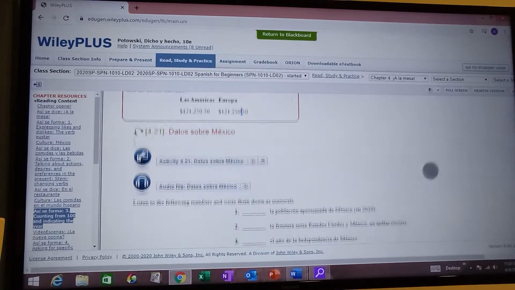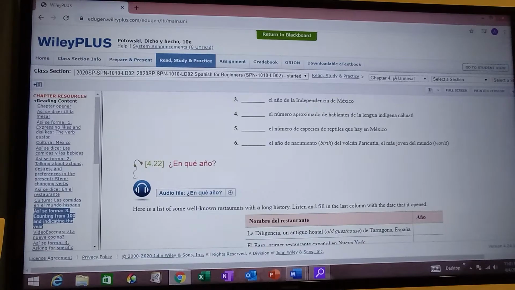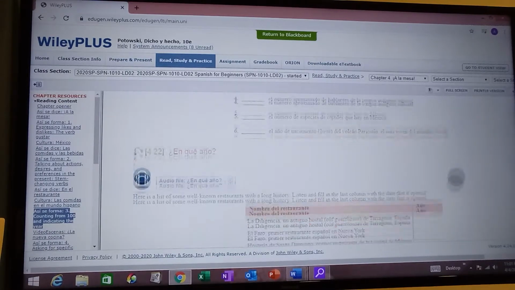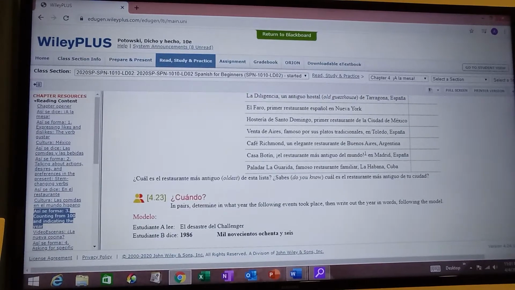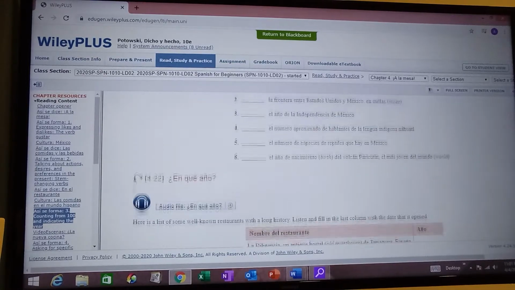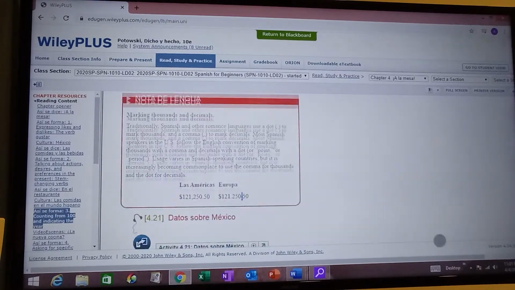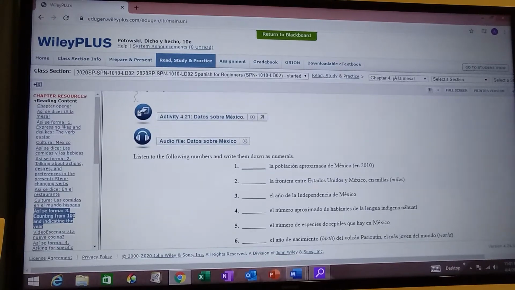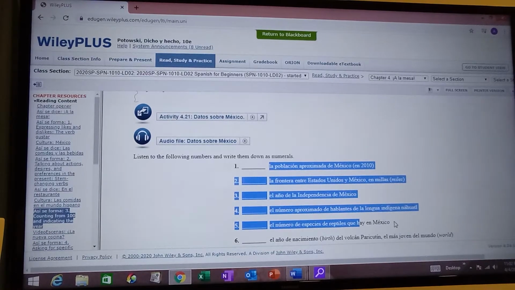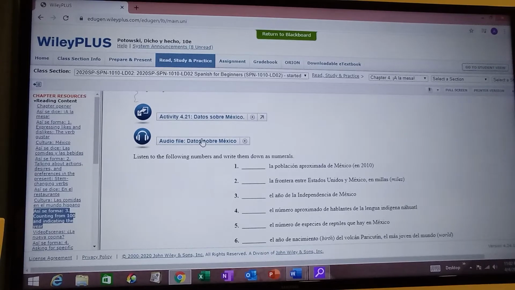4.21, Datos sobre México. 4.22, ¿En qué año? And 4.23, ¿Cuándo? So the first activity is this, Datos sobre México. You need to listen to this audio and you are going to hear years, and this data that you have here corresponds to a number. Listen to the following numbers and write them down as numerals.